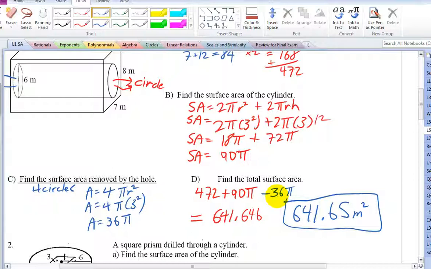Okay. Thumbs up, down, in the middle. Yes. How did you get 4 circles? I was like 2 or more. Okay.